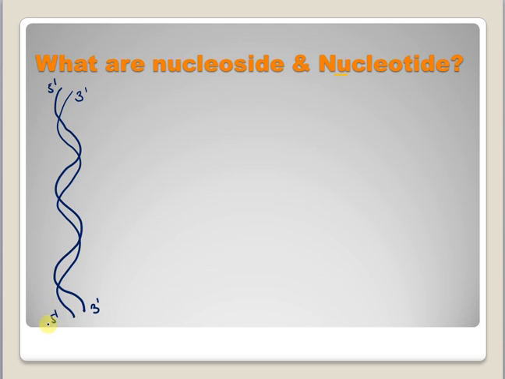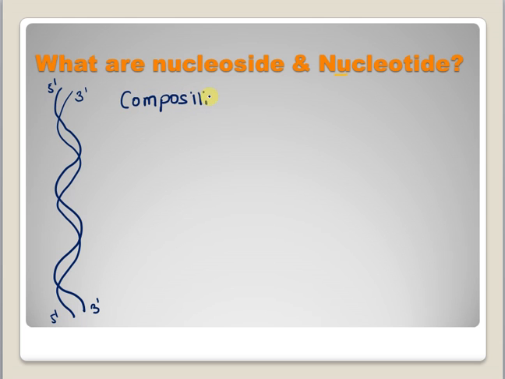At the 5' end, the phosphate group is free on this end of the DNA. But before discussing the 5' and 3' ends, we will discuss the composition of DNA.